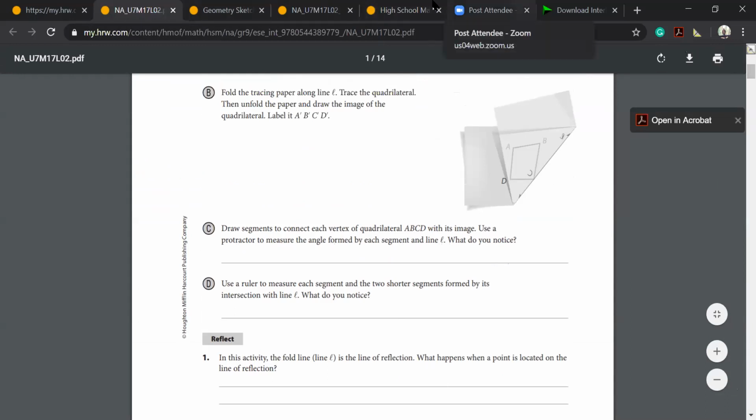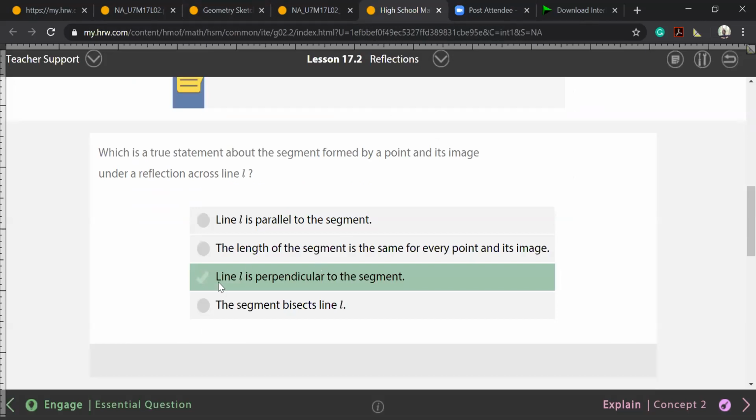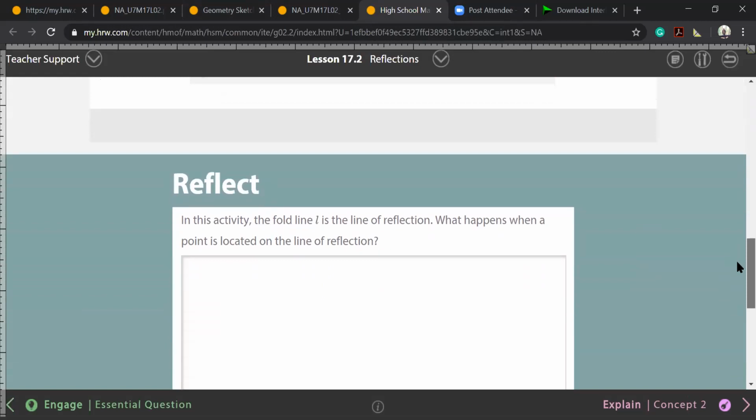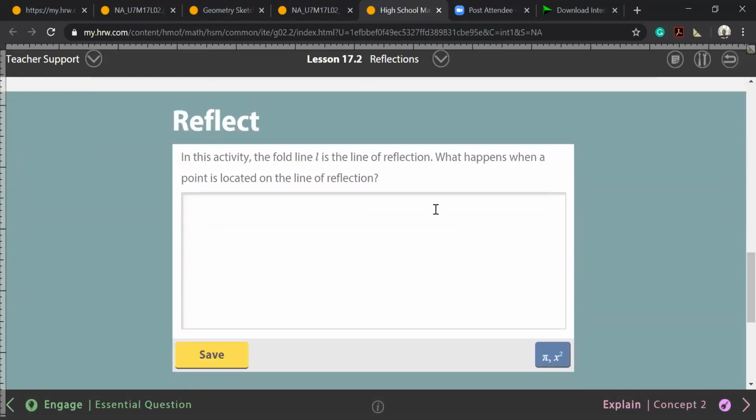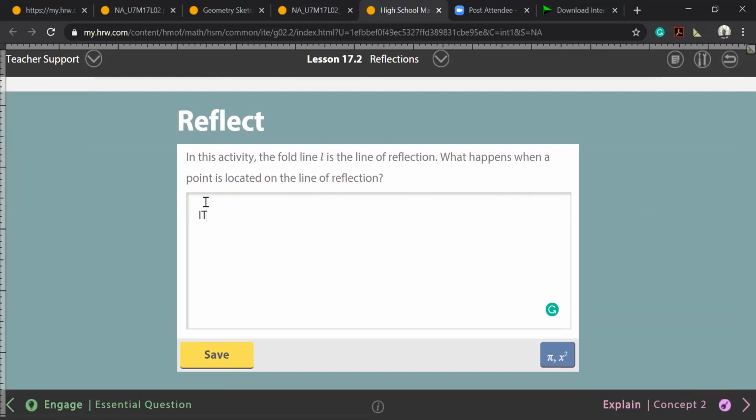Question C in page 843, you will write line L is perpendicular to the segment. Okay, for the reflect question, in this activity, the fold line L is the line of reflection. What happens when a point is located on the line of reflection? Like point C, like your finger stuck, its image will be what? Its image will be the same.